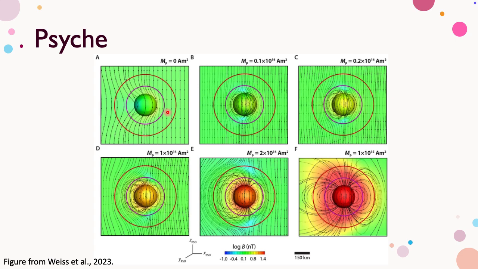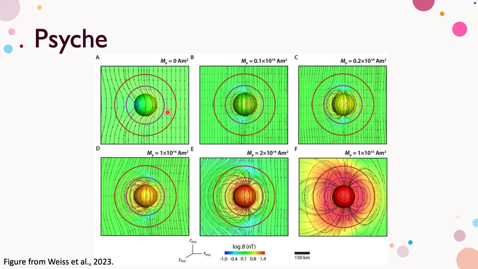Whereas if it doesn't, then it could indicate that it's formed of primordial unmelted material. So depending on the magnetic field that we see, depends on the structure within this asteroid. It depends on its history.